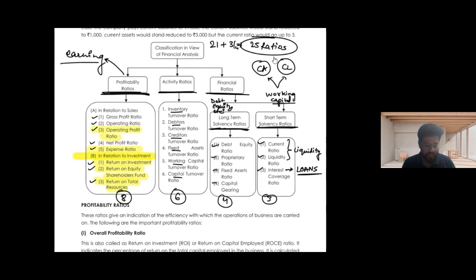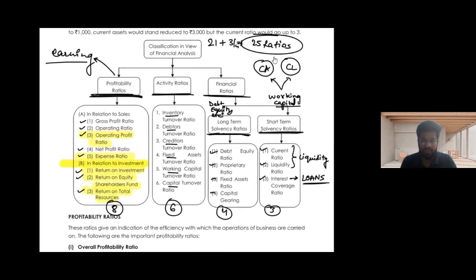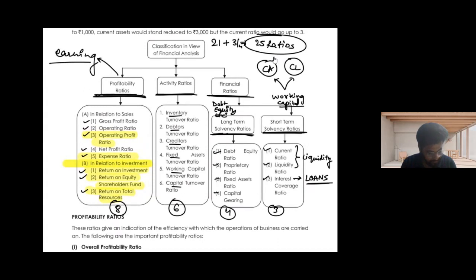You have the chart in front of you where we have already covered the gross profit ratio, the operating ratio, and the net profit ratio. Today we are remaining with the operating profit ratio and expense ratio.